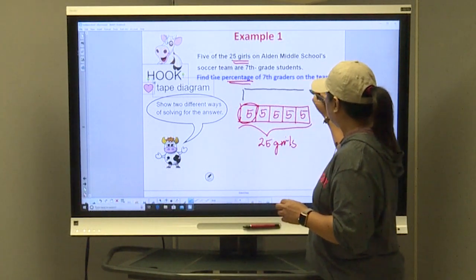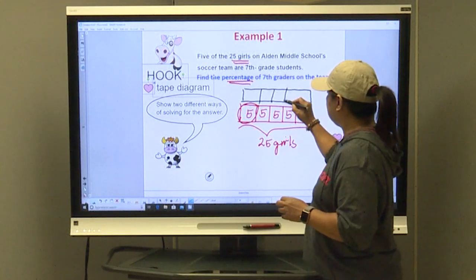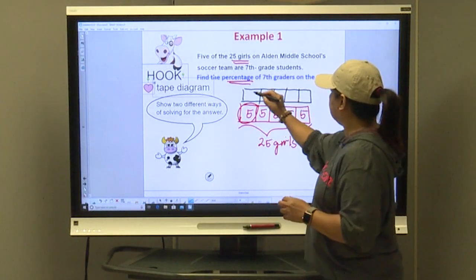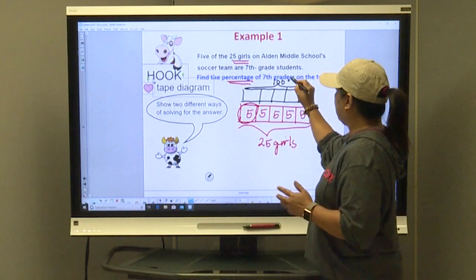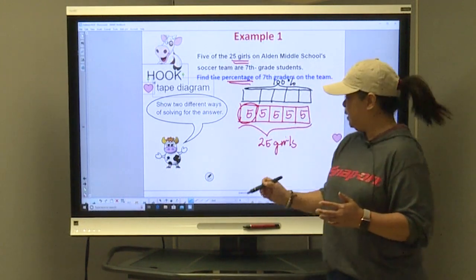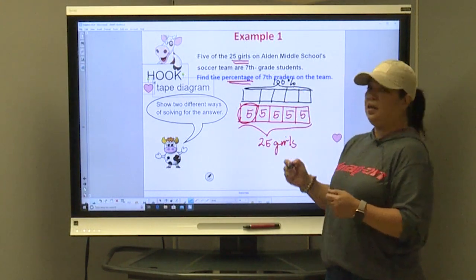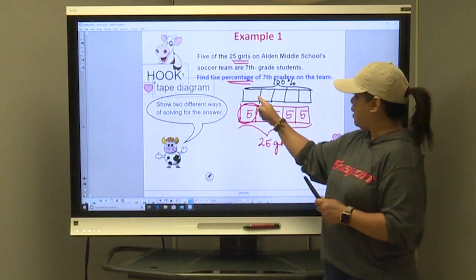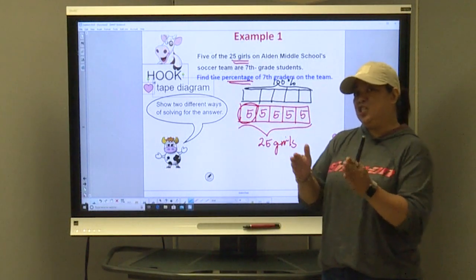Using the same length, but this time we are going to represent this whole thing, not 25, but 100%. Because you see, that 25 is the whole thing. In percent, whole thing is 100%. So if I have 5 parts there, how much is each part?